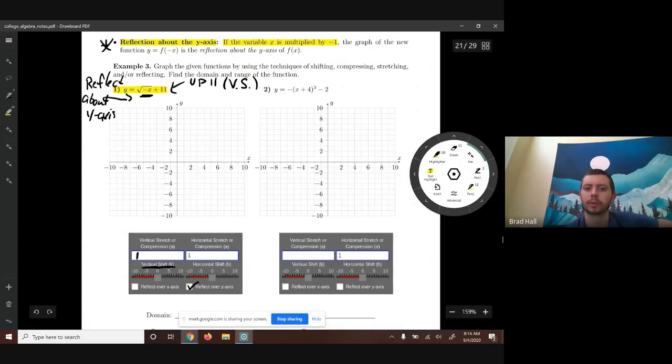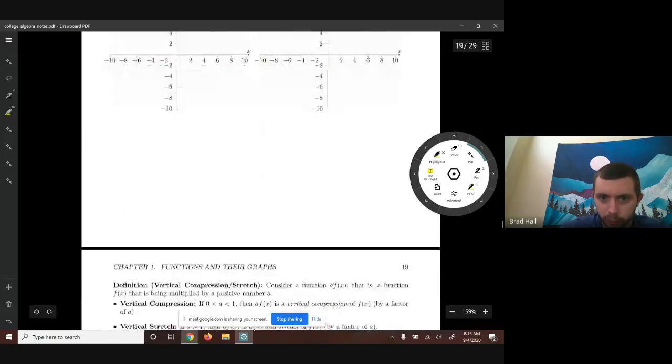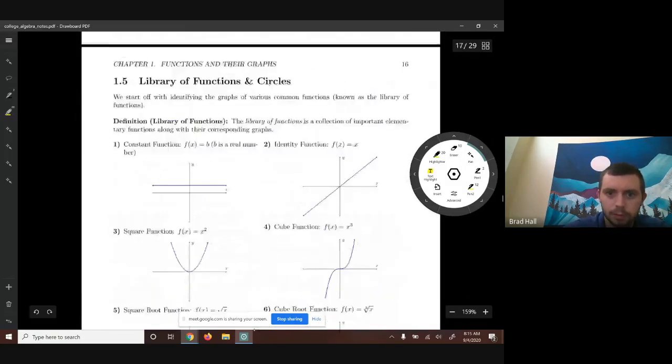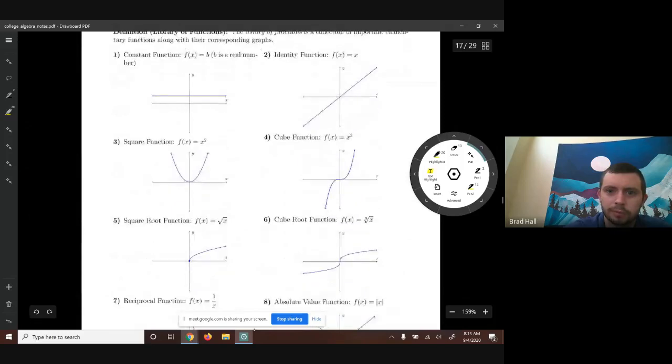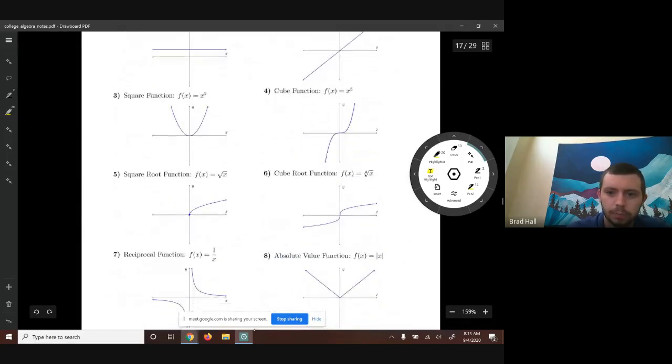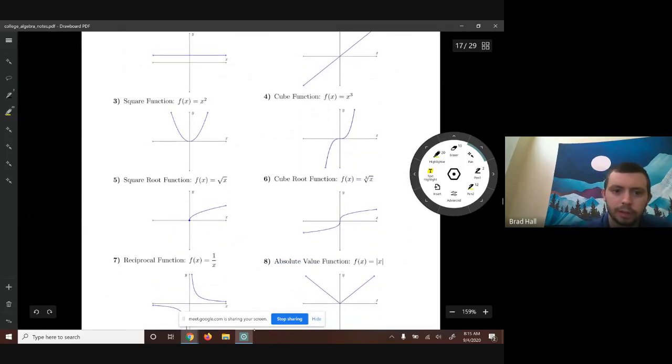Before the box comes up, the only additional thing you would need to do is select the correct shape of the graph. And this is a square root graph. You see the square root in the problem. Now, I'll come back to this. The square root shape from the library of functions here that we talked about is number 5 here.